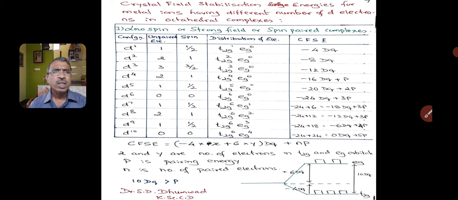Here the energy difference between T2G and EG orbitals is very high, so the fourth electron gets paired up in the T2G itself rather than going into the EG orbitals. The calculation of CFSE, shown in this table, was discussed in the earlier class.